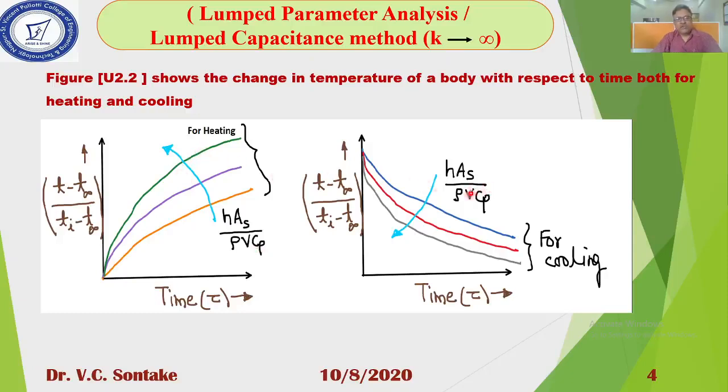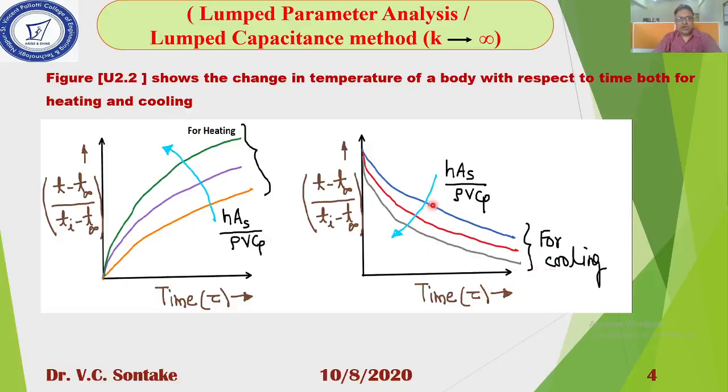In the similar way, for cooling, for a particular value of hAs over rho V Cp, temperature of the body reaches equal to the temperature of the surrounding as the time increases.